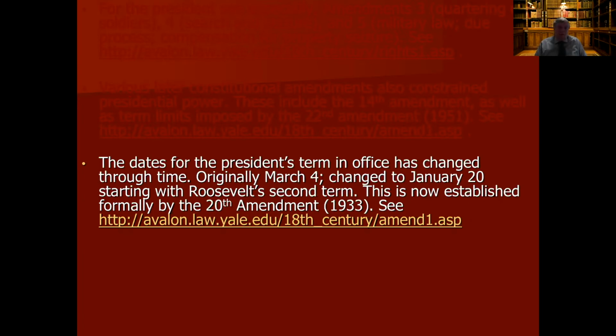Okay, go to the hot link there if you want to read the 20th Amendment in its entirety. Presidential power, as we will show as we go through the next module, has expanded consistently over time. Maybe this is enabled by the generality of the executive article.